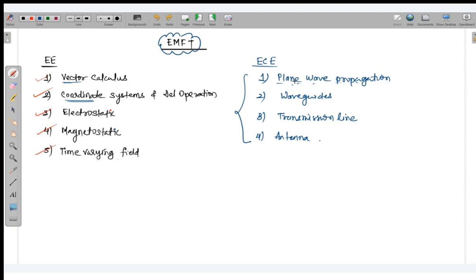So if you can give your time, and if it is not clashing, you should go for plane wave propagation also.